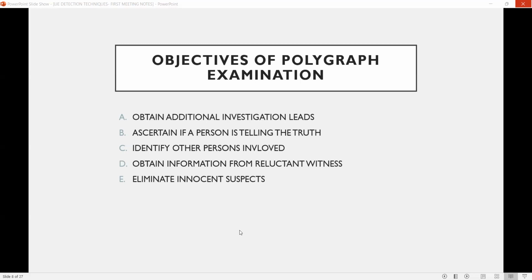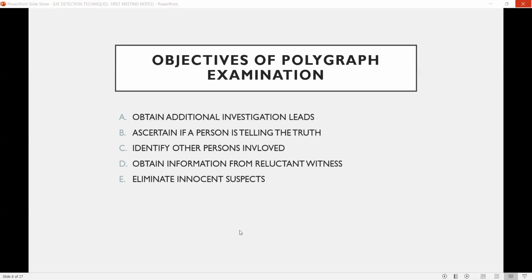As a polygraph examiner, you will ask questions as to the identity of other persons involved, including the accomplices, the accessories, or the principals, either by direct participation, by inducement, or by indispensable cooperation.